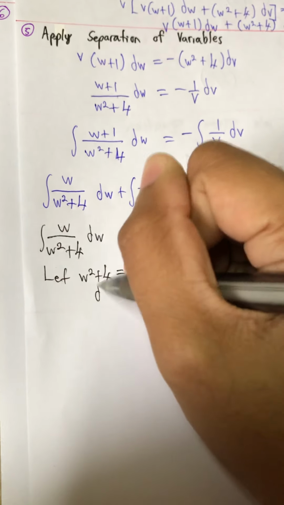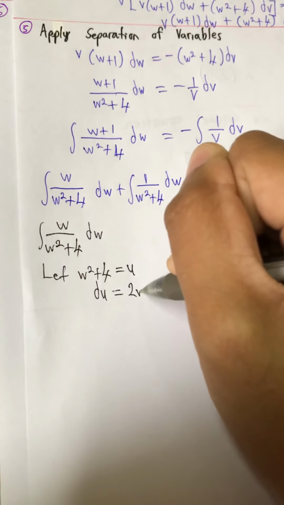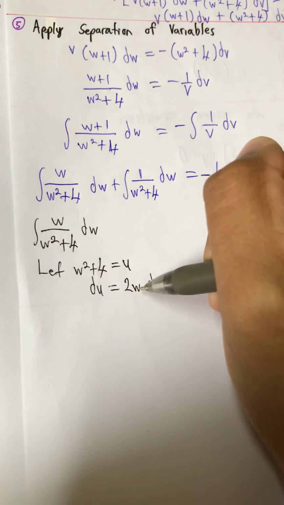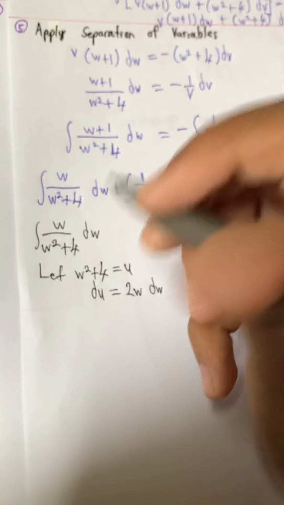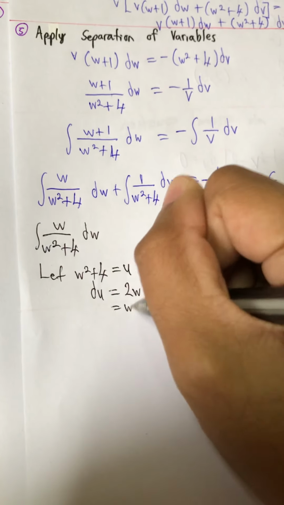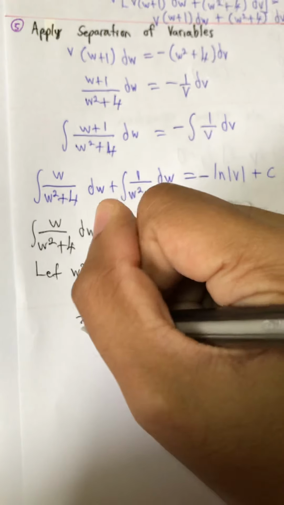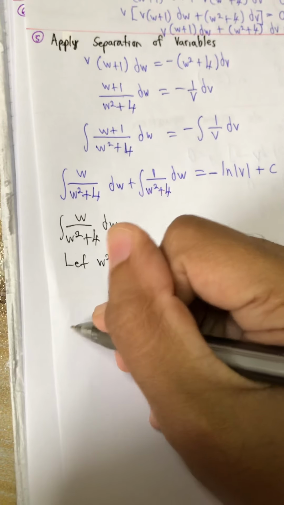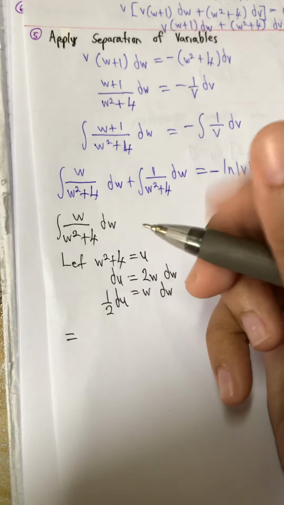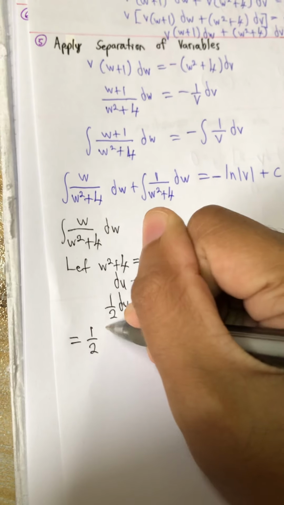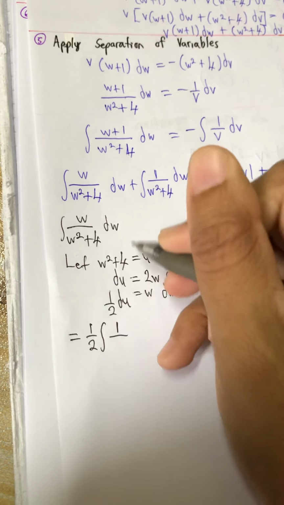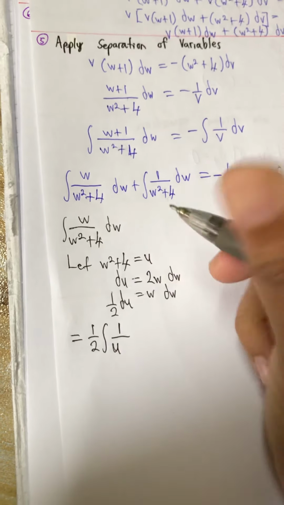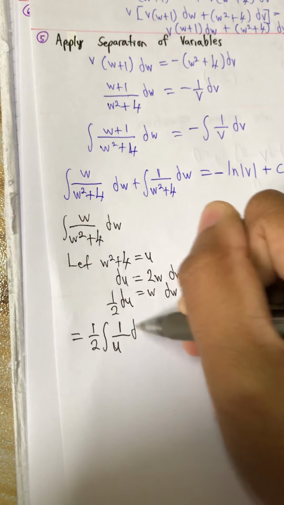And then the du becomes 2w dw, and we want to find this part, w dw, in terms of du. So our w dw becomes 1 over 2 du. So we substitute it and integrate. Here it is 1 over 2 times the integration of 1 over u, since w square plus 4 becomes u and w dw becomes du.